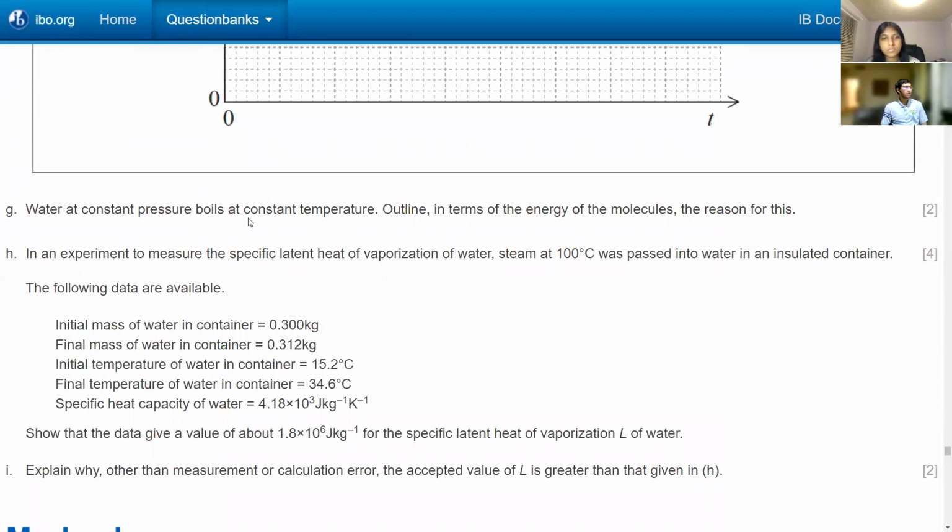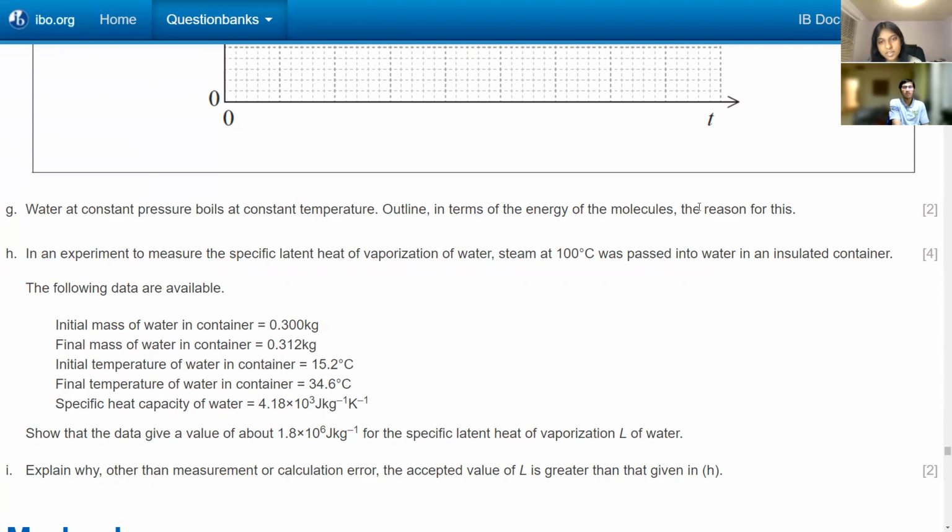Water at a constant pressure boils at constant temperature. Outline in terms of energy of molecules the reason for this. Well, because when it's boiling, you're adding energy.